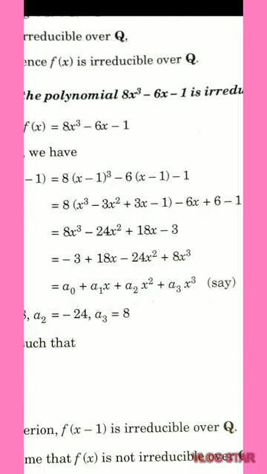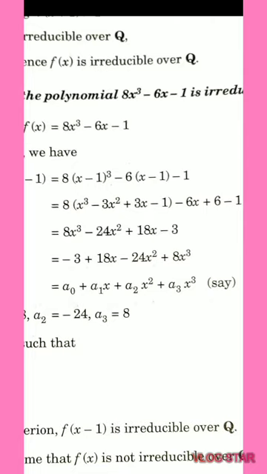That is equal to 8 into (x cube minus 3x square plus 3x minus 1) minus 6x plus 6 minus 1. And that is equal to 8x cube minus 24x square plus 18x, right, minus 3, and that is minus 3 plus 18x minus 24x square plus 8x cube, writing in the ascending powers.